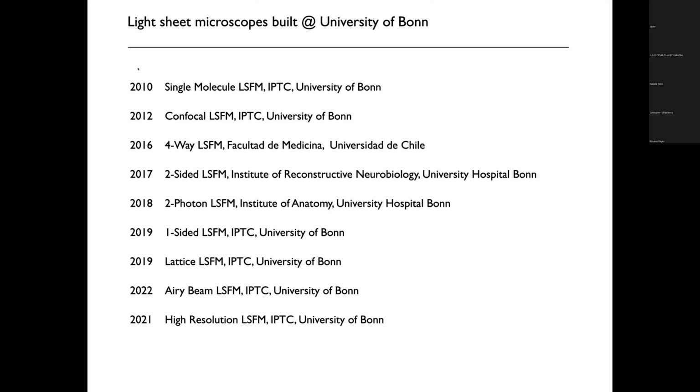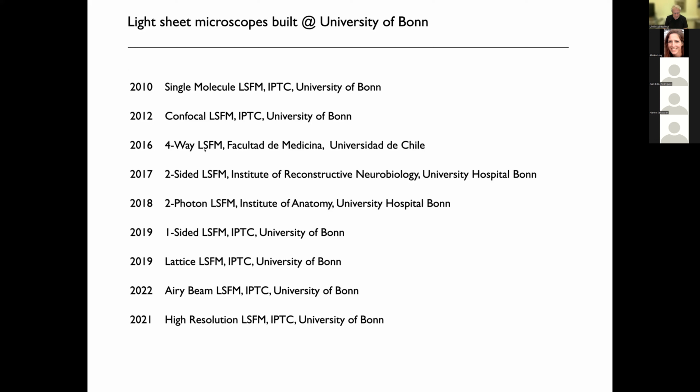Here I show you a list of the instruments that we built in the course of the past years. So we started out using light sheet fluorescence microscopy for single molecule detection, as I showed in the example in the first slides. Then we introduced a confocal light sheet microscope.